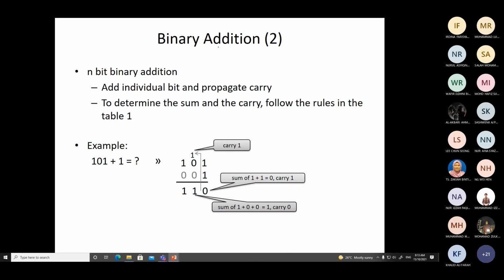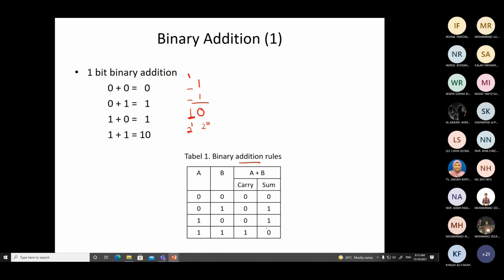Now for multi-bit binary addition, you will add individual bits and propagate the carry bits. To determine the sum and the carry, follow the rules in table 1. Especially this one, 1 plus 1 is basically 2, so the result of the sum is 0, and the extra bit will be the carry bit.